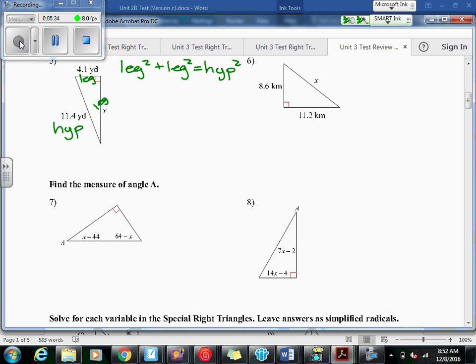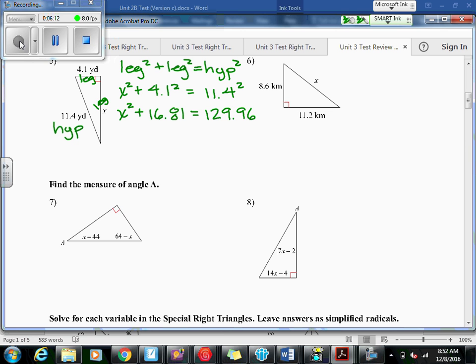I'll have x squared plus 4.1 squared equals the hypotenuse squared, which is going to be 11.4. And we have to square it. Now, when you square this, you've got x squared plus 4.1 squared, which is 16.81, and that's going to equal 11.4 squared, which is 129.96.